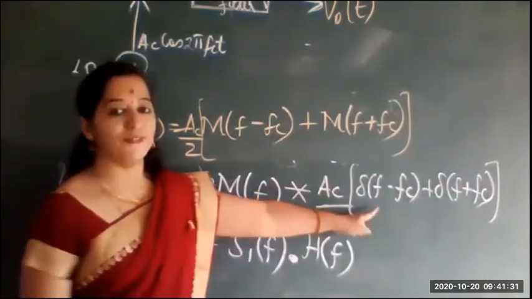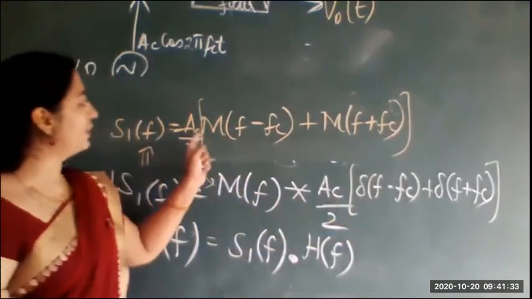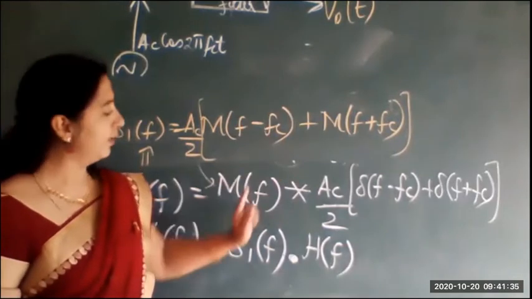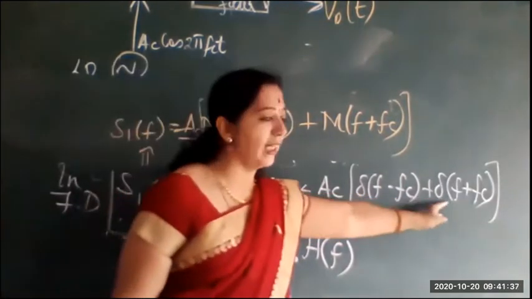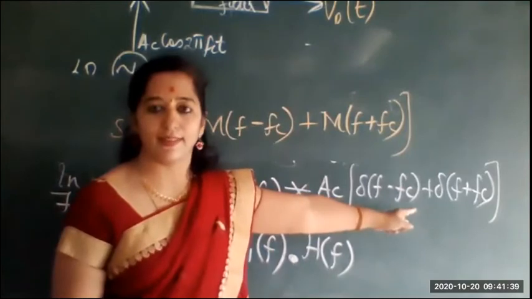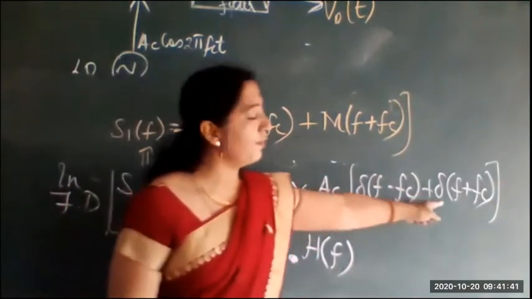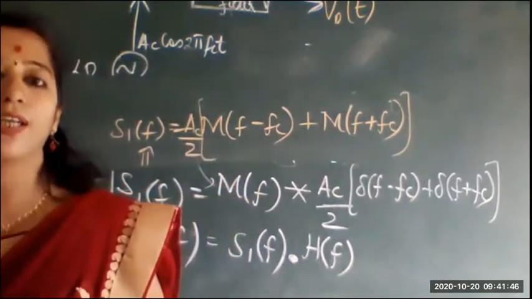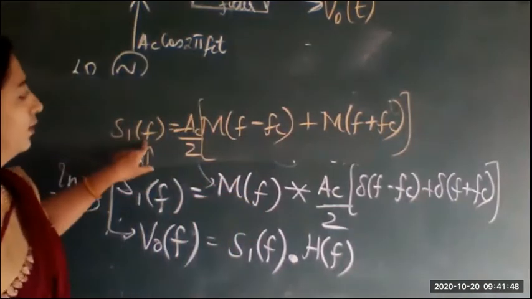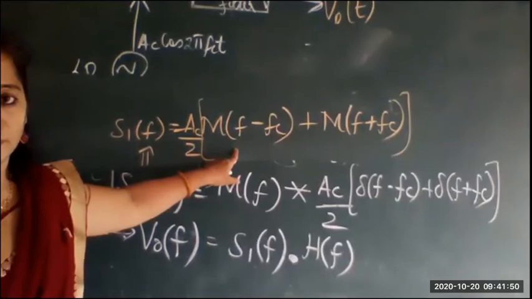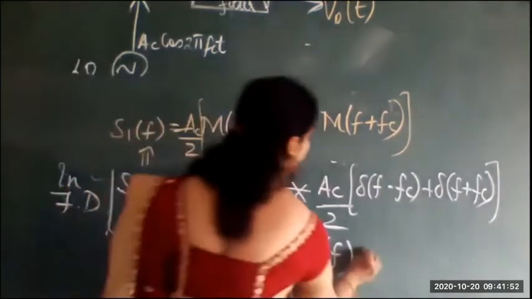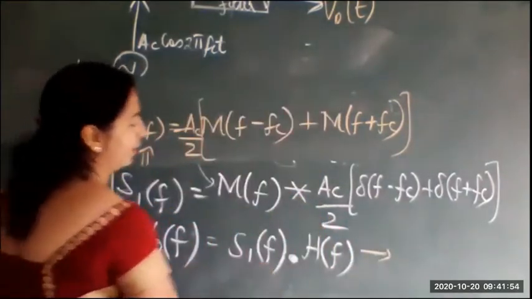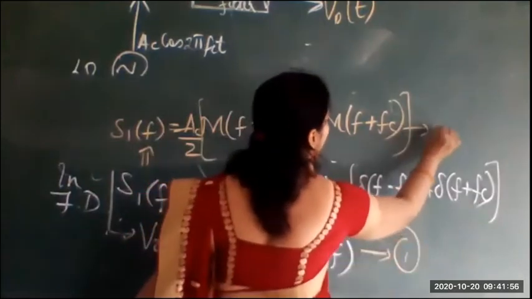Convolution of M of f with delta f minus fc gives you M of f minus fc. Convolution of M of f with delta f plus fc gives you M of f plus fc. So you will get S1 of f represented by this and V naught of f represented by this equation.